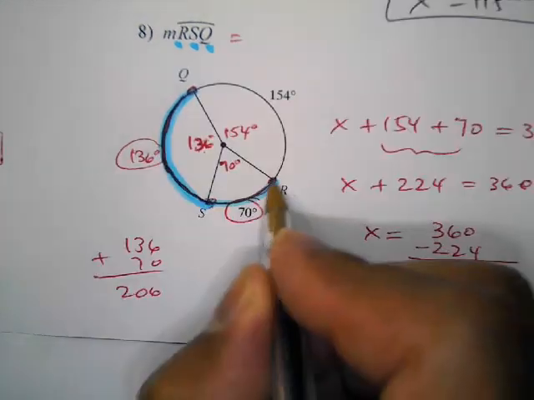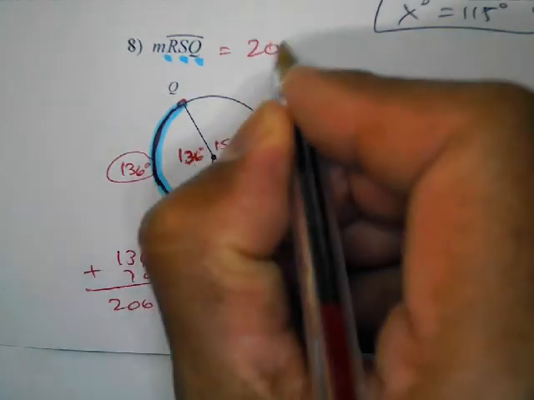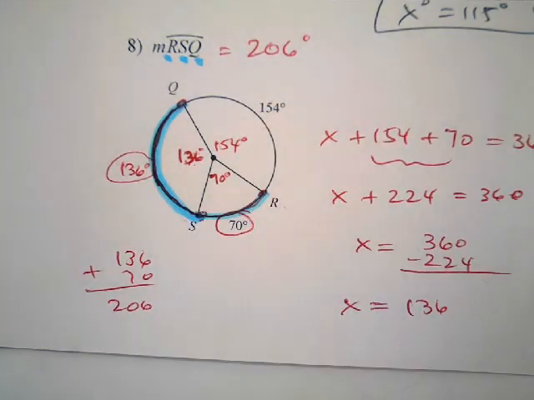That's how much R to S to Q is. 206. All right, there you have it. That's how you do it. Good luck.